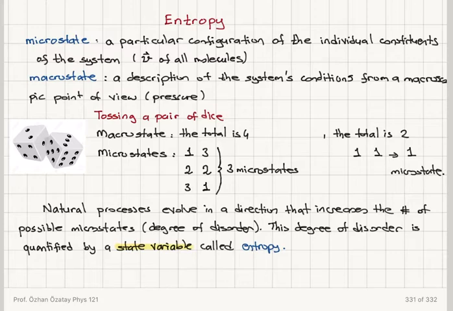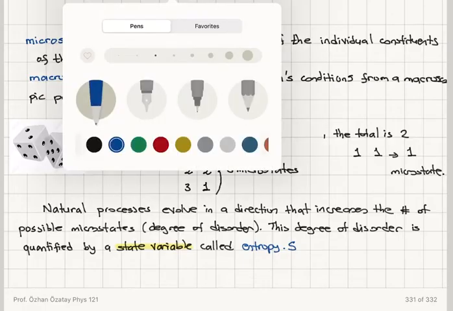So entropy is a state variable because it depends on the state, the macrostate we're looking at, corresponding to how many microstates of the system. So that's basically going to quantify the number of microstates corresponding to a possible state, or the degree of disorder, and this will be quantified by this variable called entropy. We show entropy with S. So S is entropy.